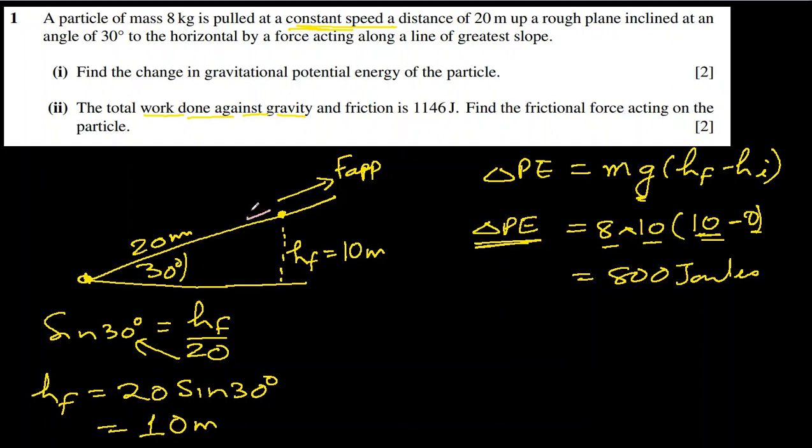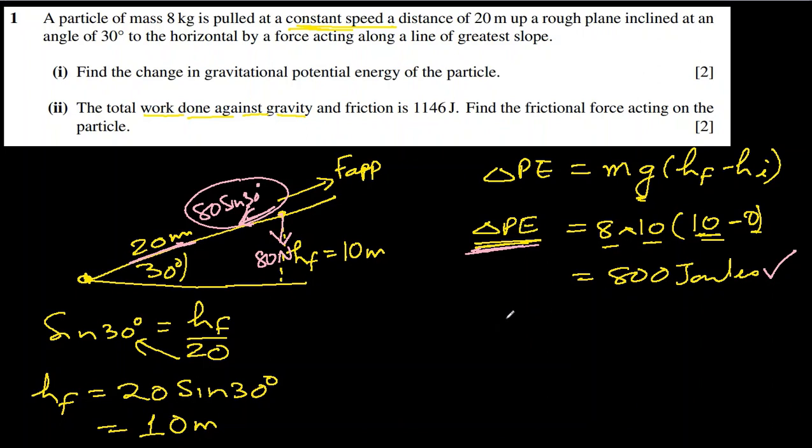Gravity has a component of the weight of the particle. In this direction it is 80 sine 30 degrees, the component of the weight, and this is the work done by that weight. The total work done against gravity is the work done by this. If I multiply this force with the distance 20 meters, I'll get exactly 800 joules again.